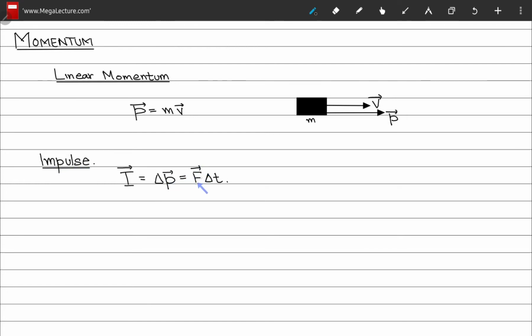The impulse of a force is defined as the product of the force applied to change the momentum and the time, or duration, for which this force F was applied on the object. Dimensionally, impulse has the same units as linear momentum. Hence, the impulse of a body is just the change in momentum of that body.